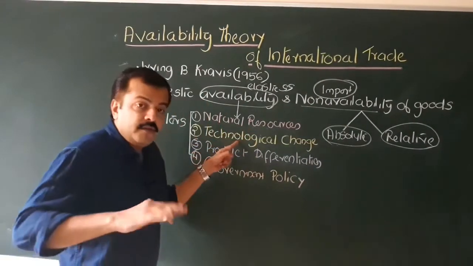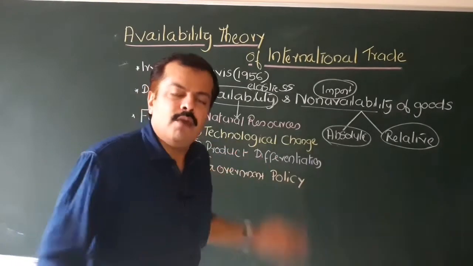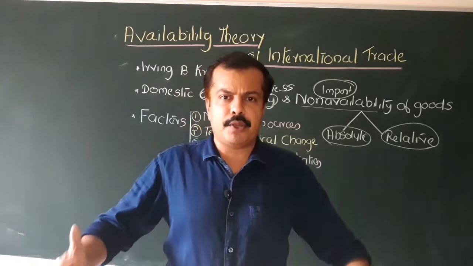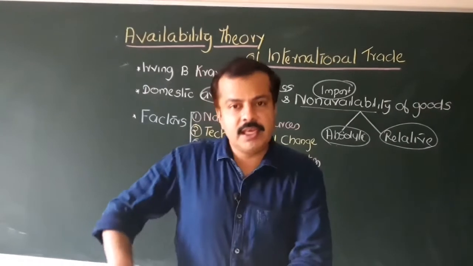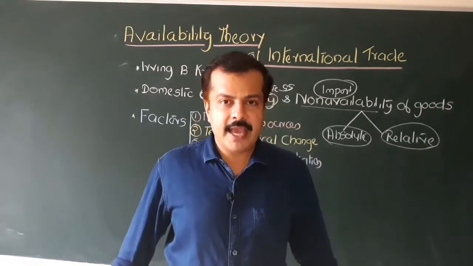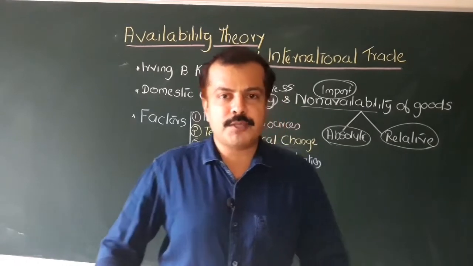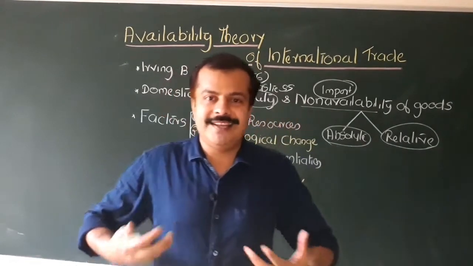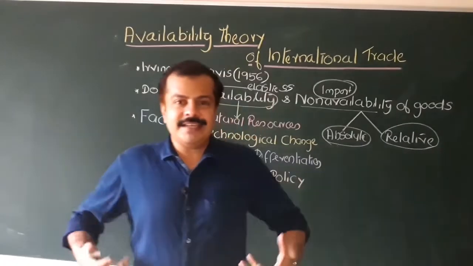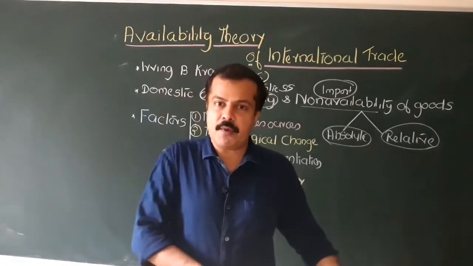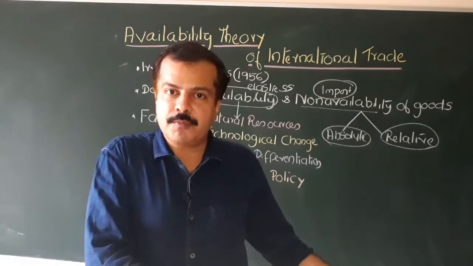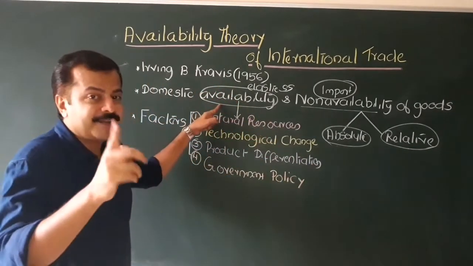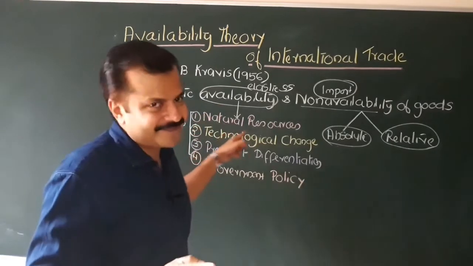What is technological progress? It means you will be able to produce more output with the given input, or the given output is possible with a lesser quantity of input. In other words, productivity will increase. More output is possible, more goods are available.